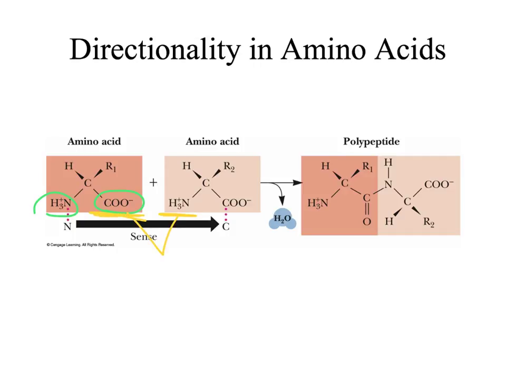And when these two come together, we are forming a peptide bond, which we will actually see over here. Okay, we have peptide bond formation, and that allows the formation of our polypeptide structure. And this is going to serve as the basis for protein formation.